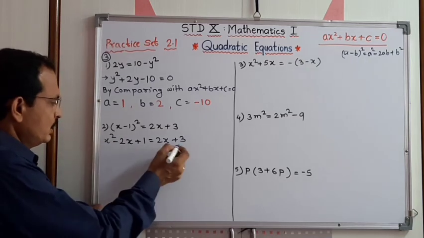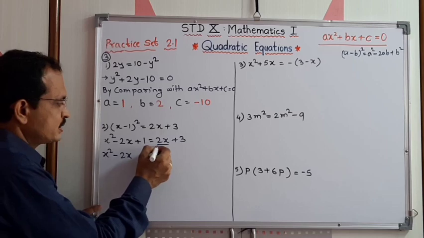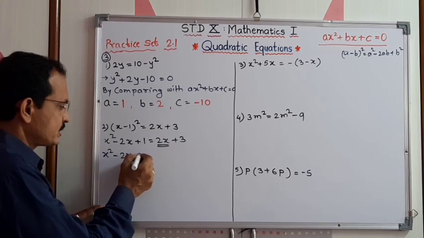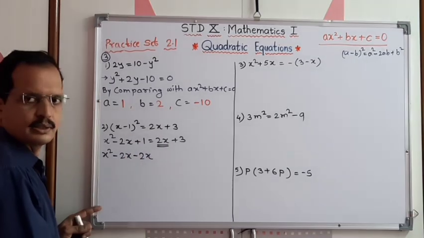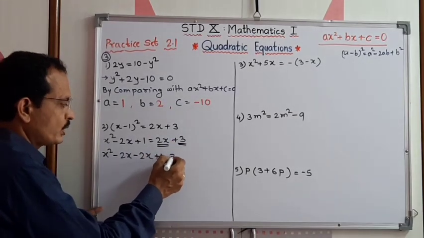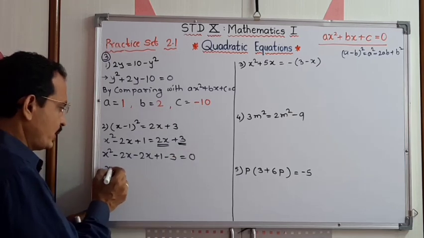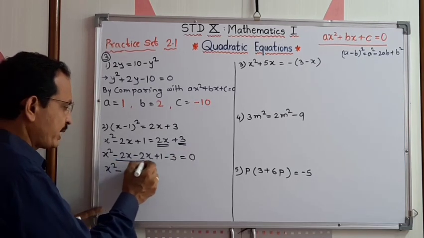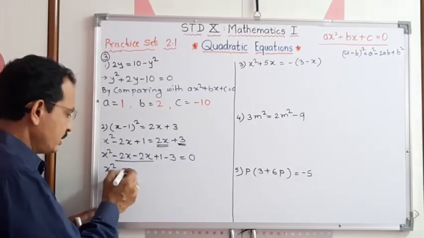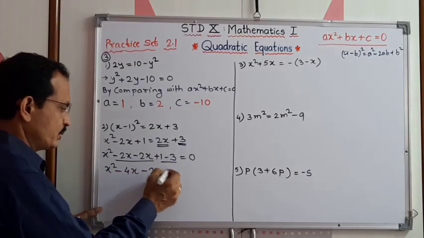Now x square minus 2x, this 2x we have to take on this side, it is minus 2x plus 1, this plus 3 we have to take on this side, minus 3 equal to 0. Now x square minus 2x minus 2x, it is minus 4x minus 2 equal to 0.